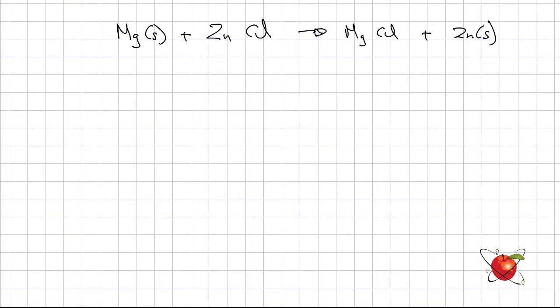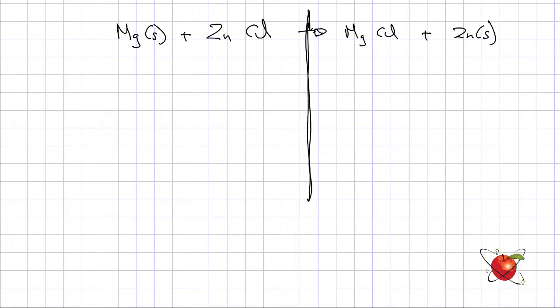Right? Now, let's take a few seconds to unpack this quite carefully. The magnesium was a solid. Straight after this arrow, as I like to call it, the wall, or actually the activated complex situation, we had zinc chloride.